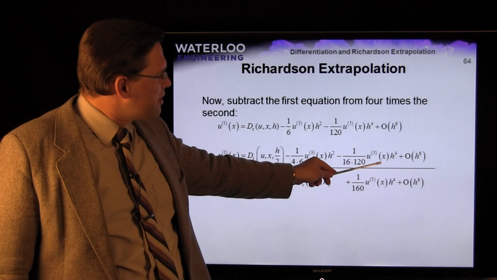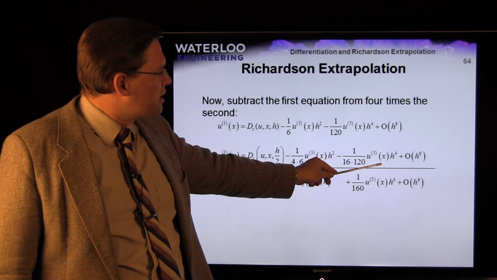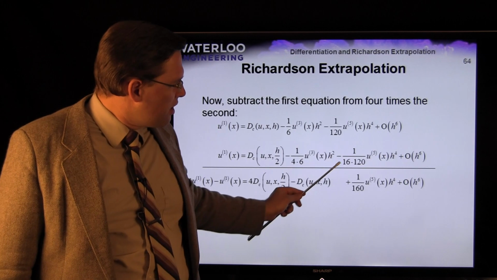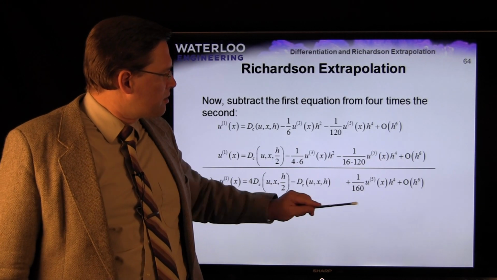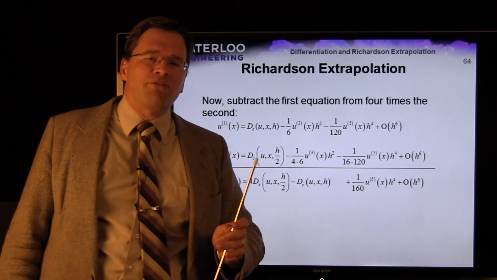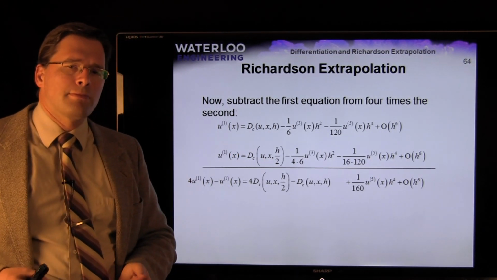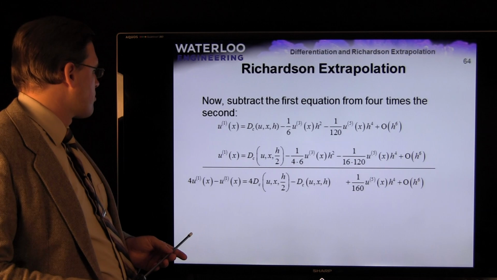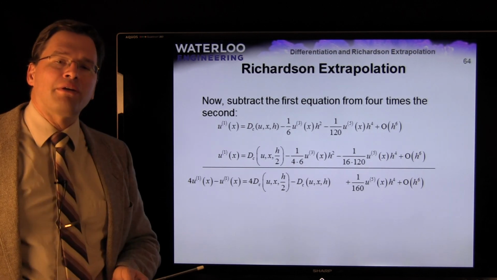So all we're left with is 4 times this minus that. That's a coefficient times the fifth derivative times h to the fourth. There's an h to the fourth there, not h squared.